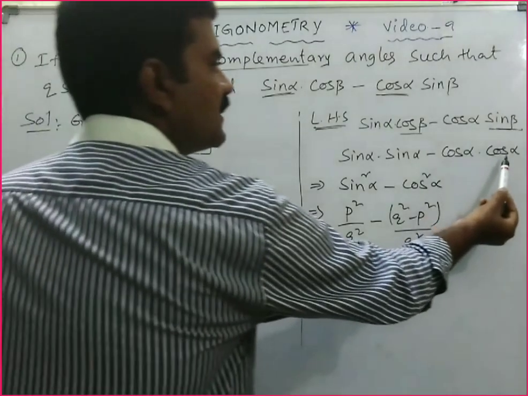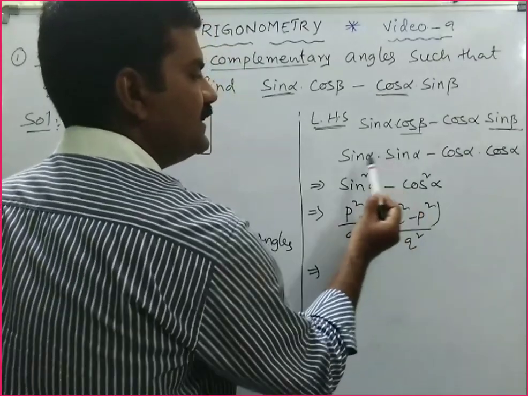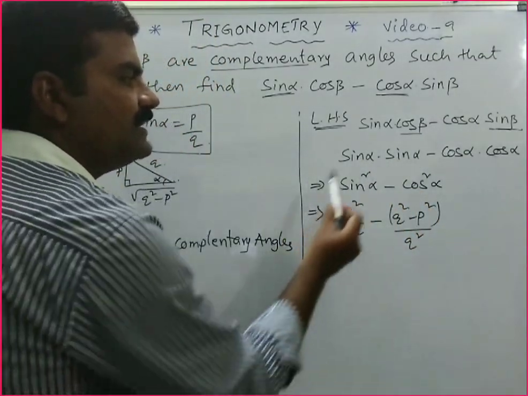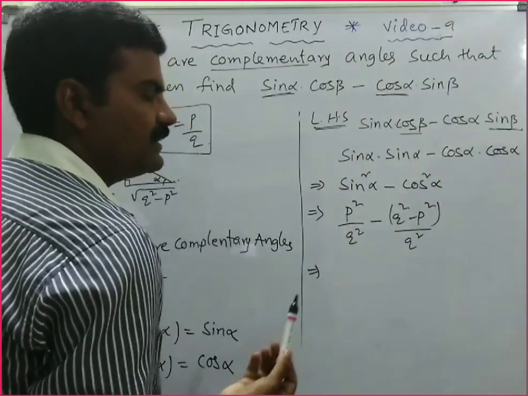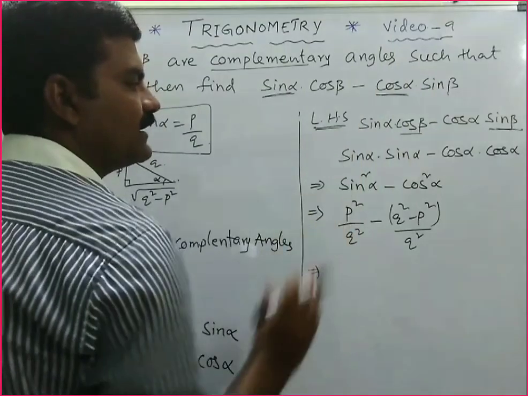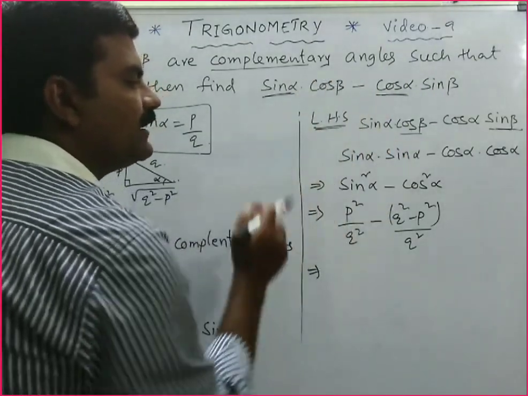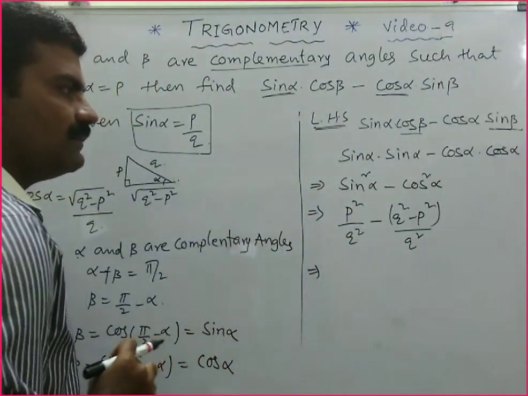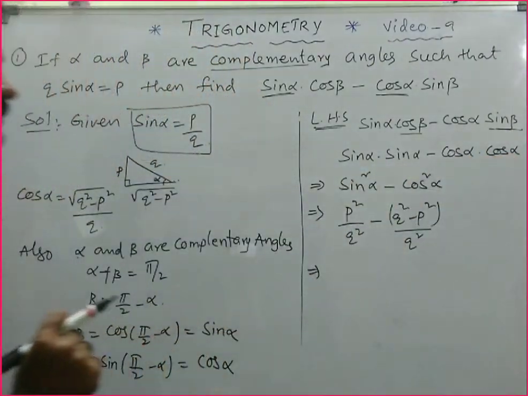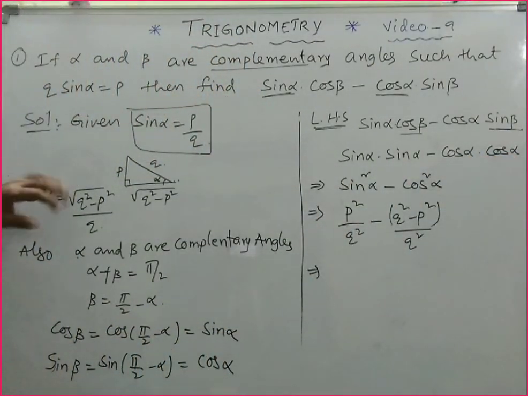So replace with cos alpha. Now sine into sine, both angles are same and it is sine square alpha. Don't write sine square alpha square. Okay. Sine alpha into sine alpha, just like x into x, x square. That is sine alpha whole square can be written as sine square alpha. Minus cos into cos, cos square alpha. Just replace the value: sine square alpha.